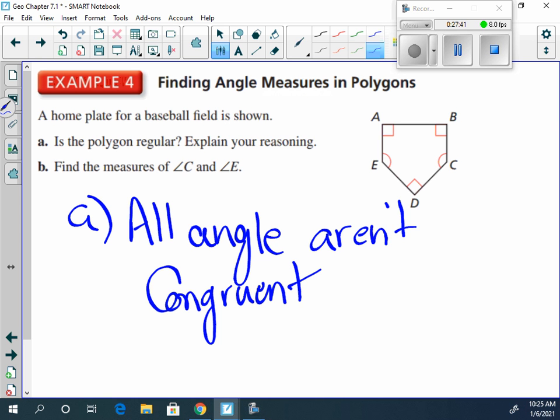Congruent. Because for a polygon to be regular, all the interior angles have to be congruent. If they are not congruent, then it is not a regular polygon. So it'd be, no, all angles aren't congruent. All angles have to be congruent for it to be a regular polygon.